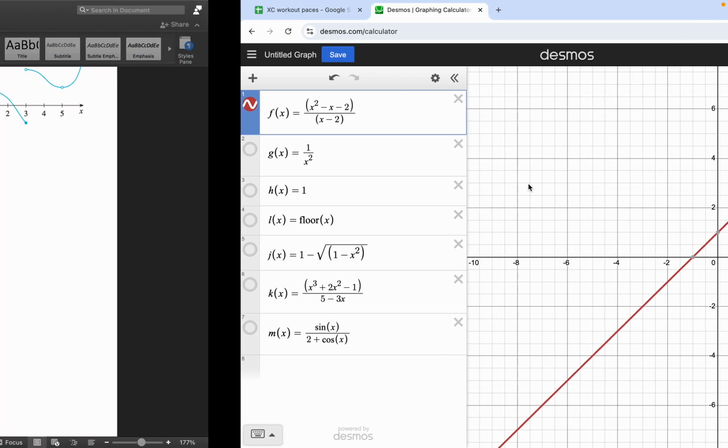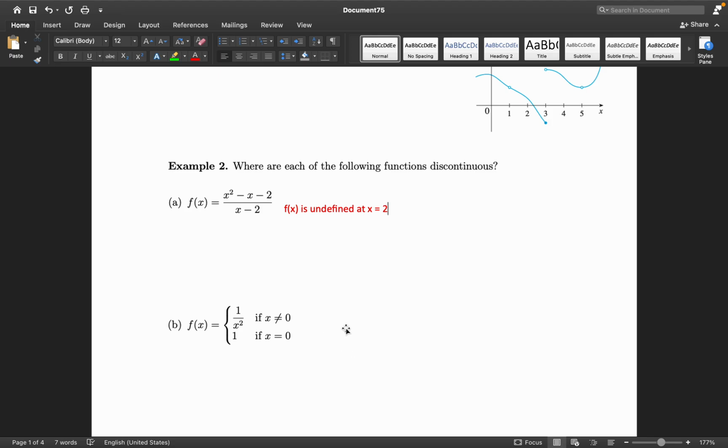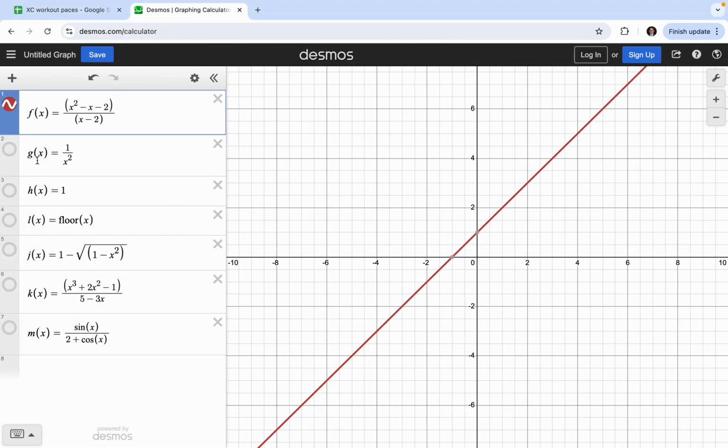So, same idea here. I've got this 1 over x squared and 1.